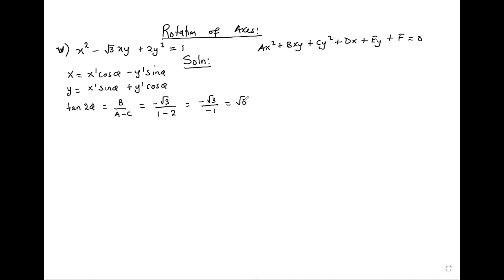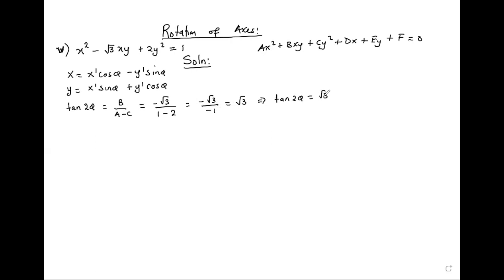So we're talking of tan 2 theta being positive root 3. Which angle gives us root 3 on the tan? This will require that you don't forget the angles.